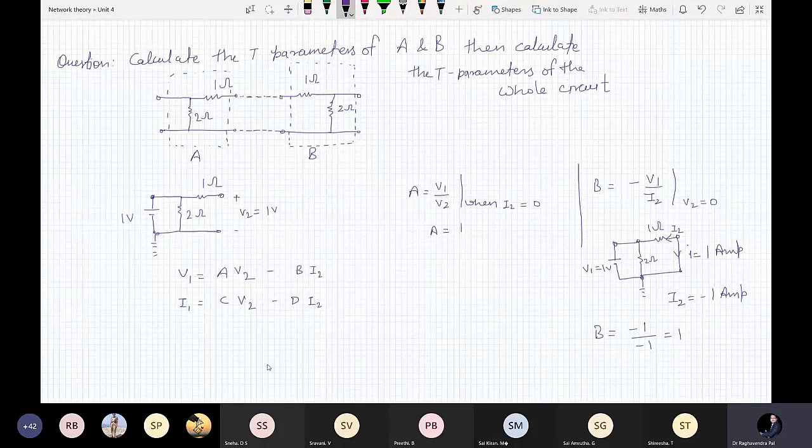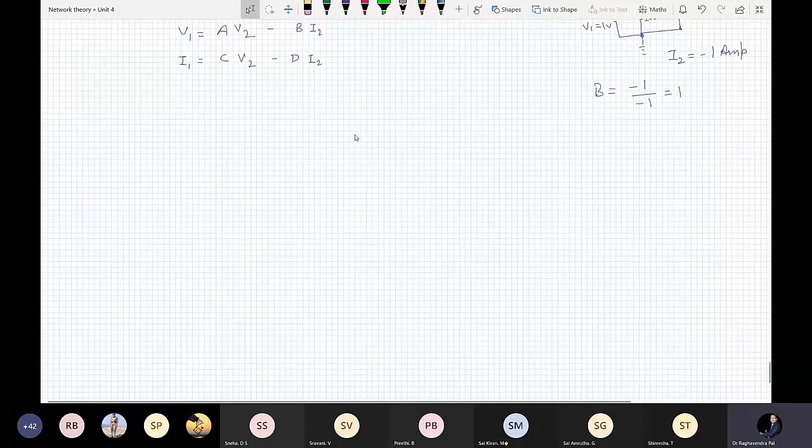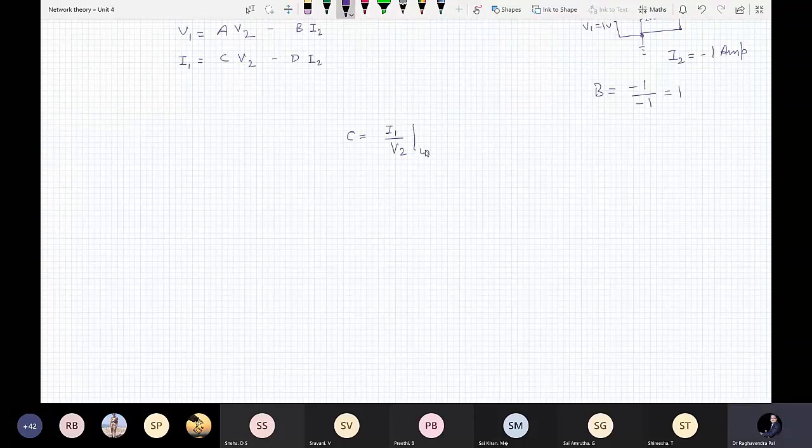Similarly, how to calculate C here? To calculate C, you will have to calculate I1 upon V2. C is equal to I1 upon V2 when I2 is equal to 0.